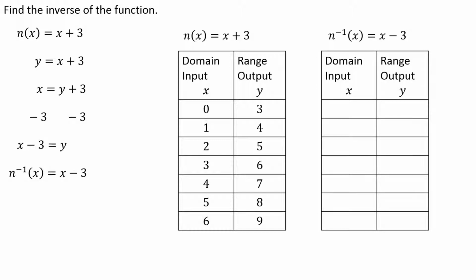But then on the inverse, it's x minus 3, and look at what has happened. The domain and the range have swapped positions. And so that's what was going on with that square root function.